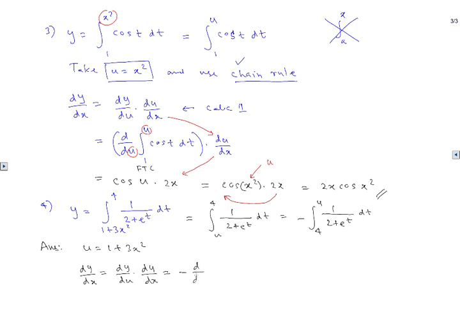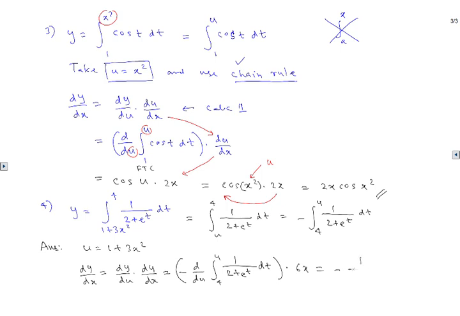D by du of the integral from u of 1 over 2 plus e to the t dt. That's the first one. The second one is the derivative. So if you take the derivative, you're going to get 6x. Now from the fundamental theorem of calculus, you're going to simply replace the function by u.